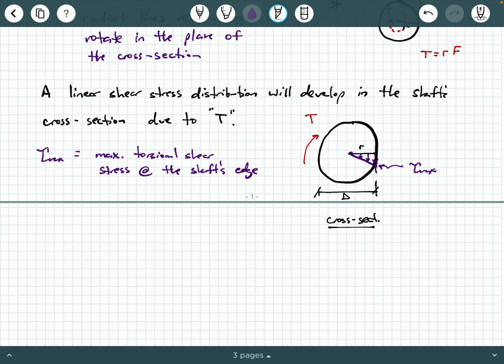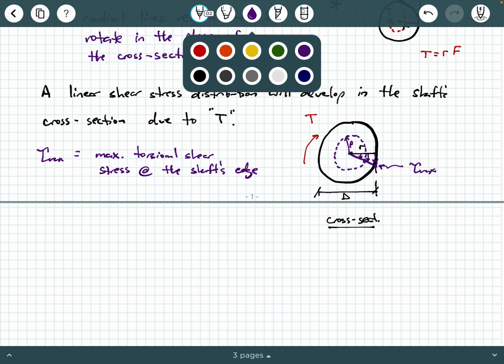Okay, now at an intermediate radial point somewhere in the shaft's cross section, you can still calculate what that shear stress will be. So for example, let's say you're interested in the shear stress maybe right here or right here, wherever, some point not at the edge. That's no problem. What you would consider is a concentric circle inside of your shaft circle, maybe something like this, that has some radial distance, call it rho, okay? And then what you may be interested in calculating is the shear stress at radial distance rho away from the center of the shaft, okay?